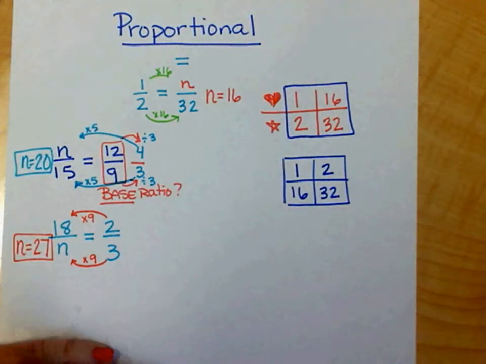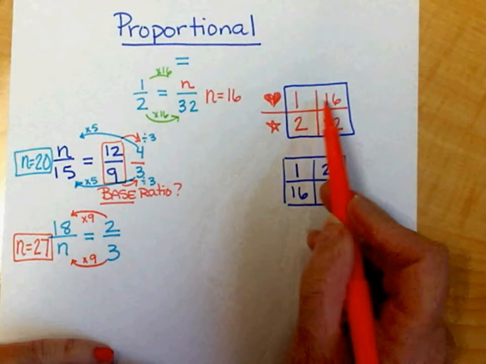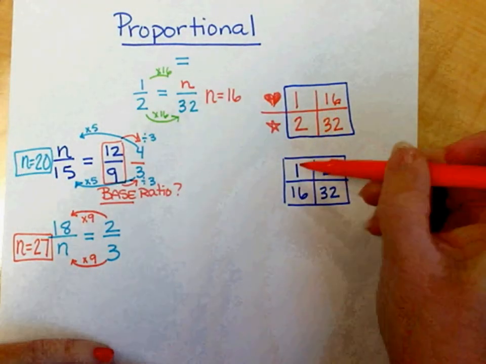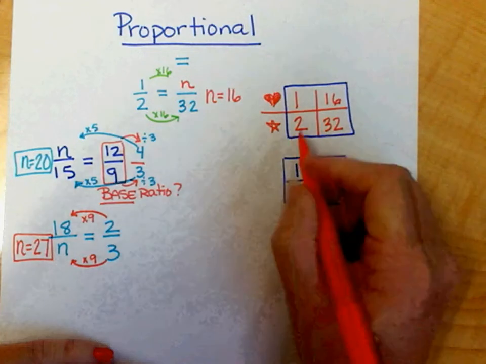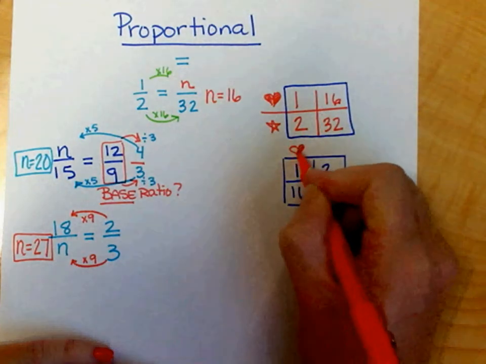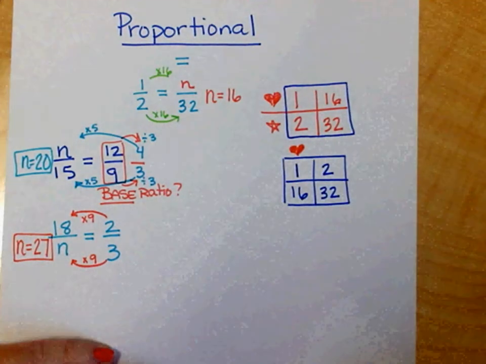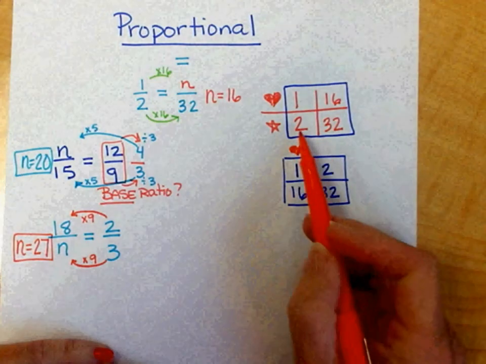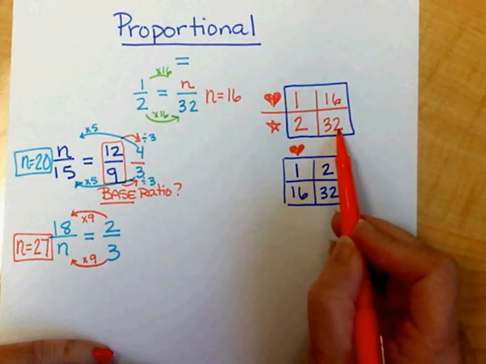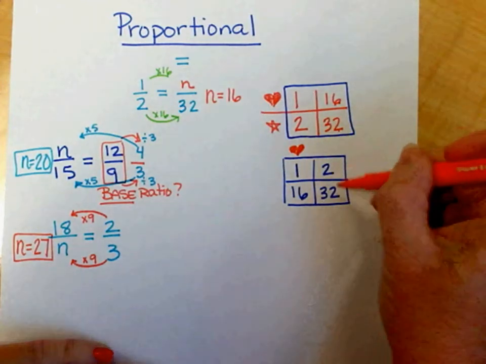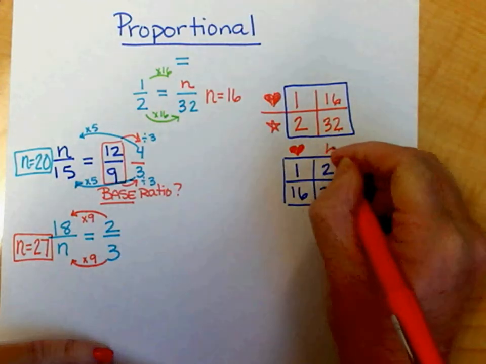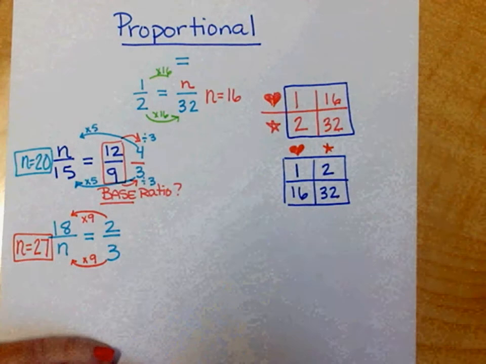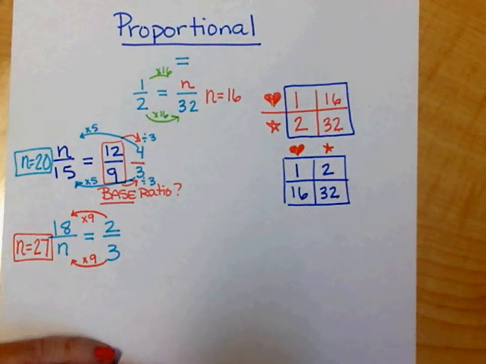If my heart was 1 to 16, I see 1 to 16, and I could represent that with the heart and just put my label on the top. My star was 2 to 32. And I'm just going to put my label on the top. Are they equivalent? Yes.